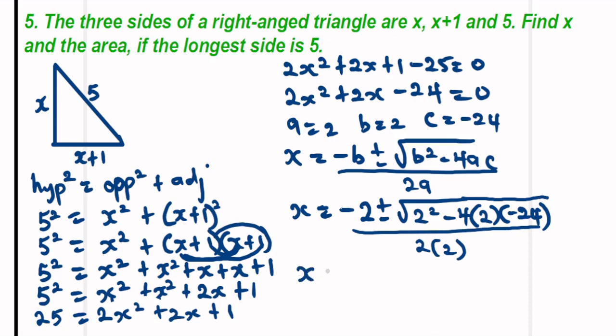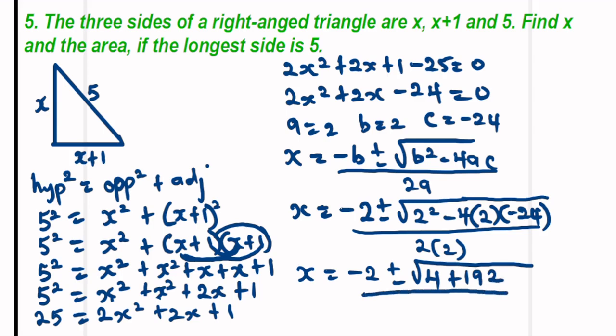So now we have x equal to minus 2 plus or minus root of 2 squared, which is 4, minus 4 times 2, which is minus 8. Now minus 8 times minus 24 gives me plus 192, all over 2a. 2 times 2 is 4.